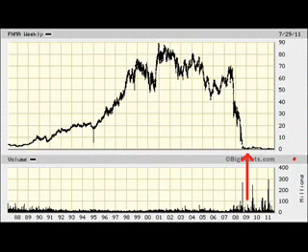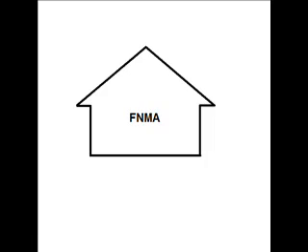That's the value per share of owning the shareholder equity. So let's imagine right now, instead of a home, that's Fannie Mae. That's everything Fannie Mae owns right there. 100% of all the stuff they own. It's Fannie Mae.